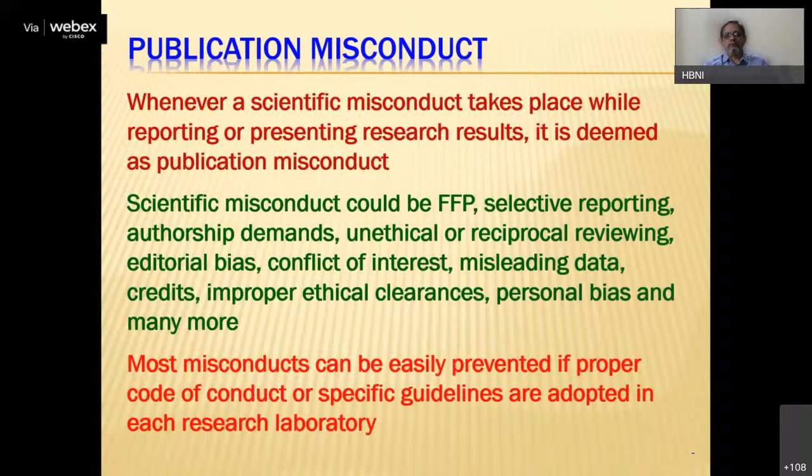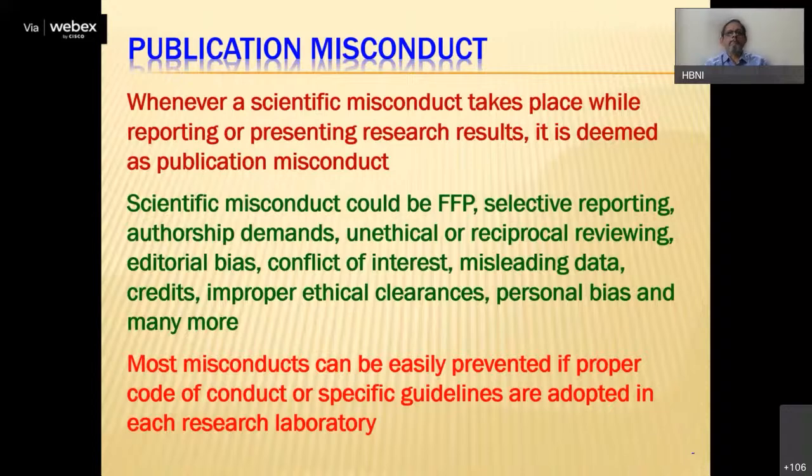So it is very important that all research laboratories, academic institutes and organizations have specific codes of conduct and guidelines, because these can vary from institution to institution depending upon the area of research that particular institution undertakes. So each institution has to frame these codes of conduct and guidelines for their academic employees.